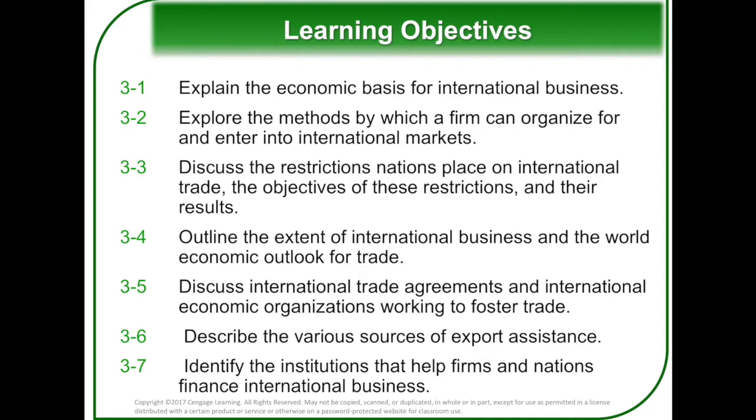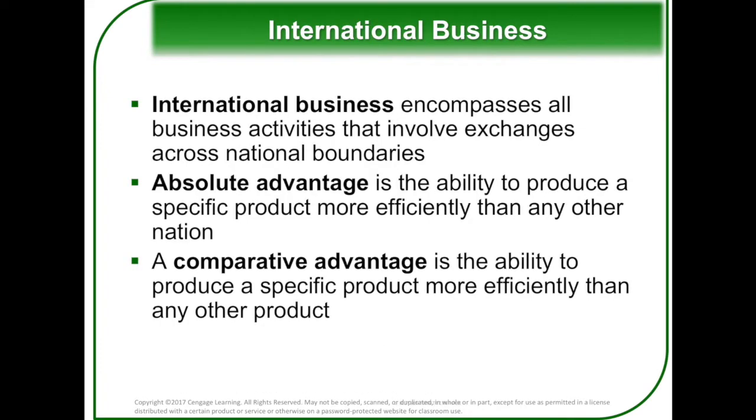Number 5, discuss international trade agreements and international economic organizations working to foster trade. Finally, number 6, describe the various sources of export assistance. And then in 7, identify the institutions that help firms and nations finance international business.